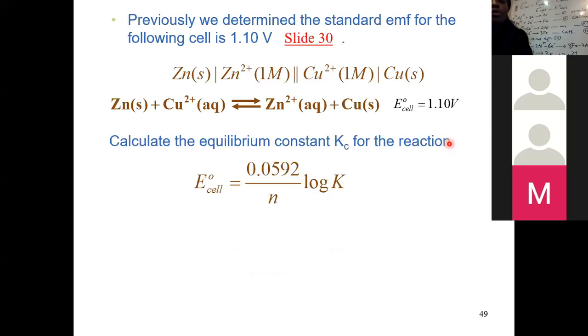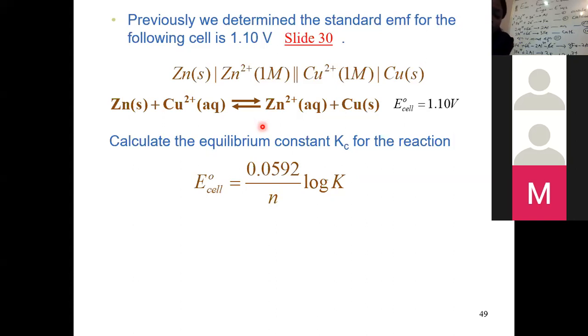Calculate the equilibrium constant for the reaction. From the equation you are given, E0 cell is equal to 0.0592 over n log K. From this equation, what's the number of electrons? Please, can anyone tell me? 2. 2, fantastic.